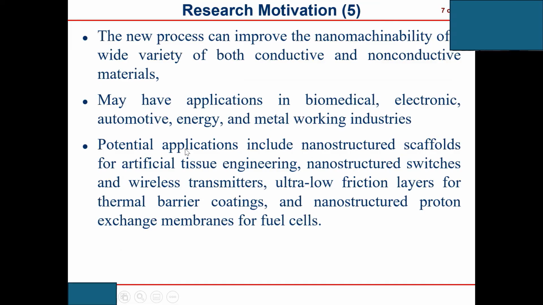The potential applications include nanostructured scaffolds for artificial tissue engineering in biomedical applications, nanostructured switches and wireless transmitters, ultra-low diffraction layers, thermal barrier coatings, and nanostructured proton exchange membranes for fuel cells. These are the potential applications of the VANILA nanomachining method.